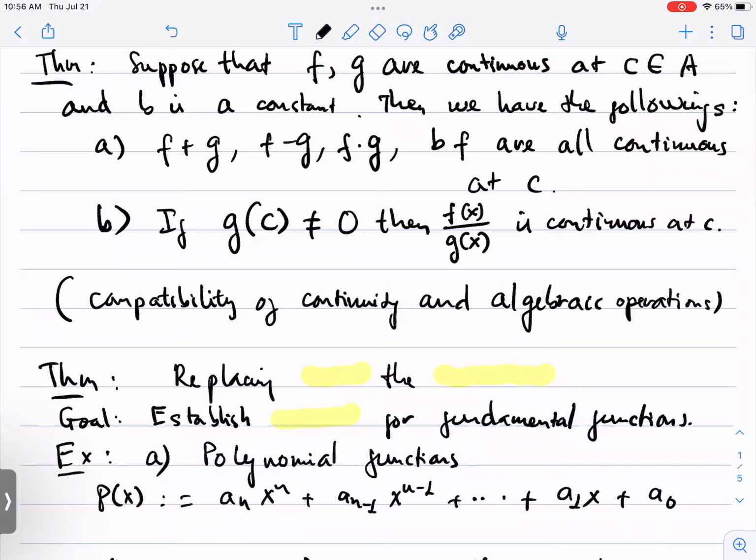This theorem basically is about the compatibility of continuities and algebraic operations. In a way, this is similar to the compatibility of the limit concept with algebraic operation. And this is not surprising because continuity is defined using the limit concept.